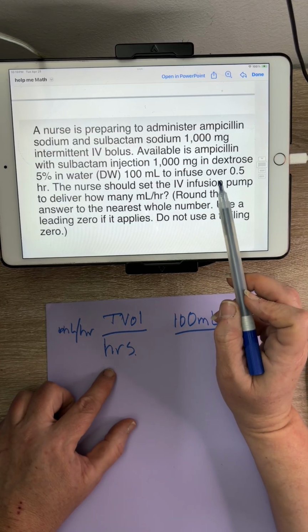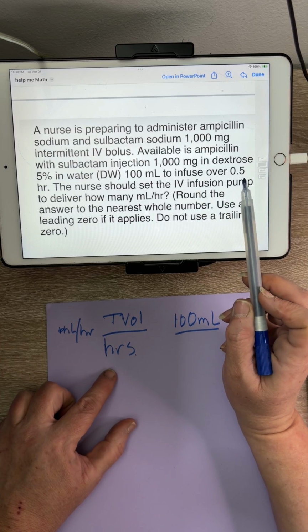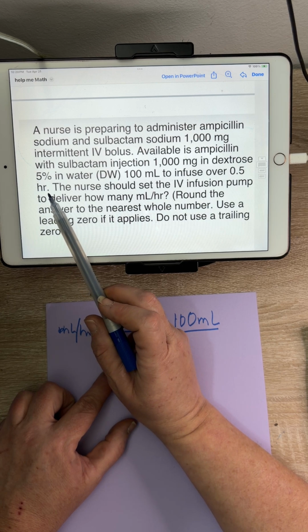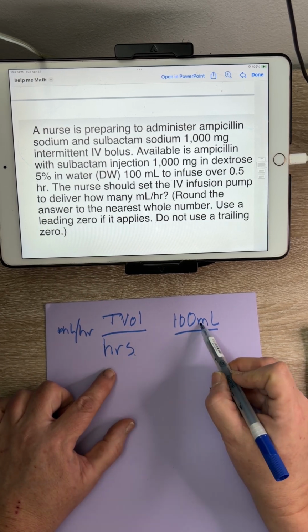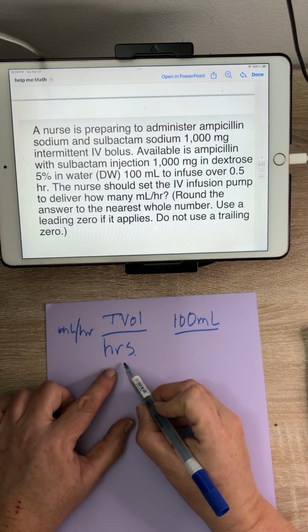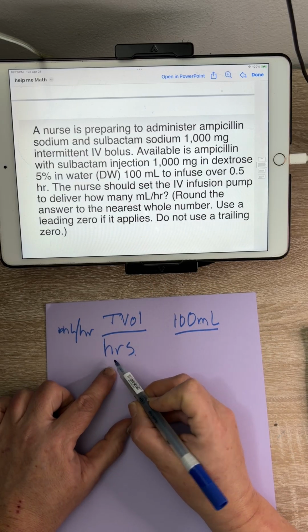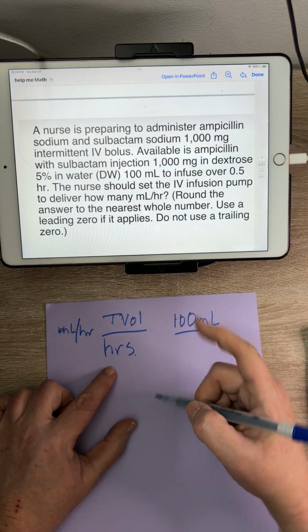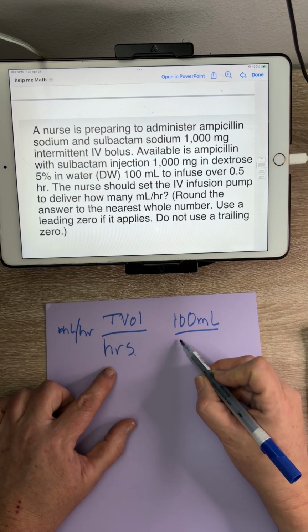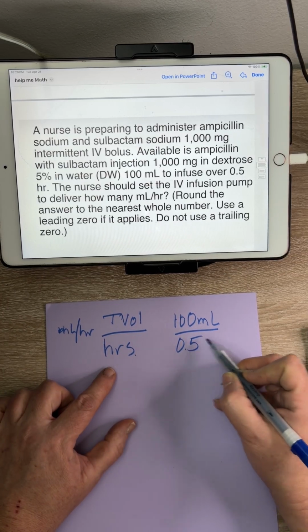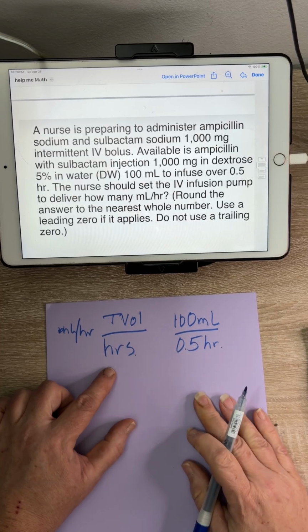And the time to infuse it over is 0.5 hours, which we know is 30 minutes. But for milliliter per hour, it needs to be in hours, so we can use that. There's one over here that's different, so I hope y'all stay tuned. And so the time it's got to go in 0.5 hours.